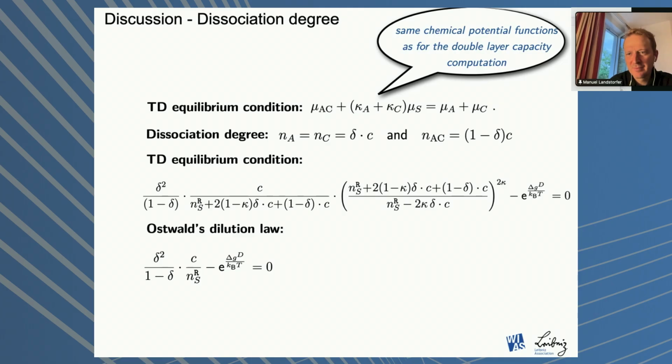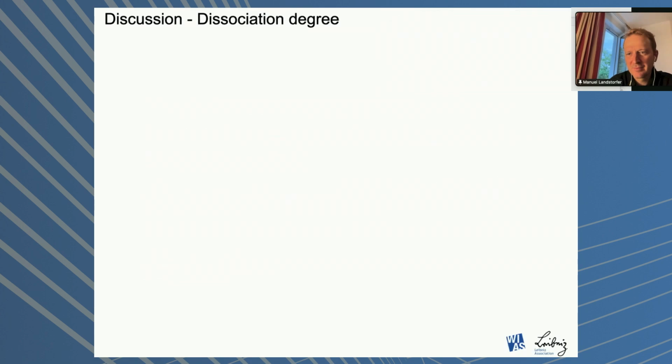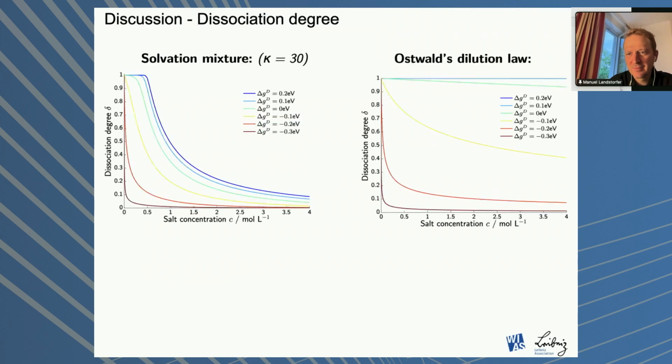If you compare these two equations, then you basically find that whenever solvation effects do not play a role at all, then you get back to Ostwald's dilution law. And it is nice to see this in a comparison. In an electrochemistry textbook, on the very first pages, you are told that strong electrolytes always completely dissociate, and for strong electrolytes you would have a large delta G of the dissociation reaction.